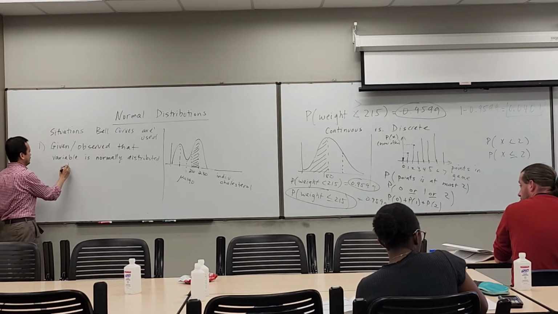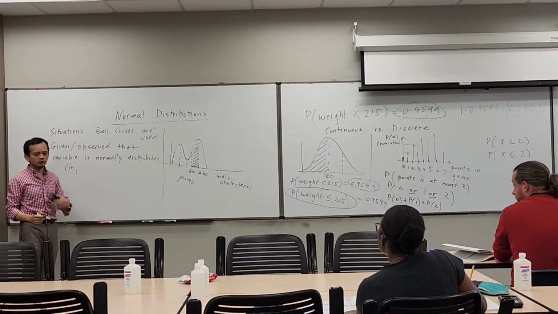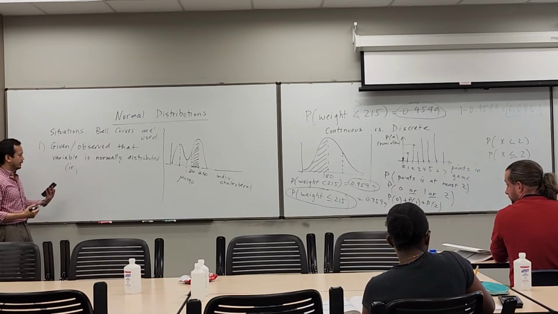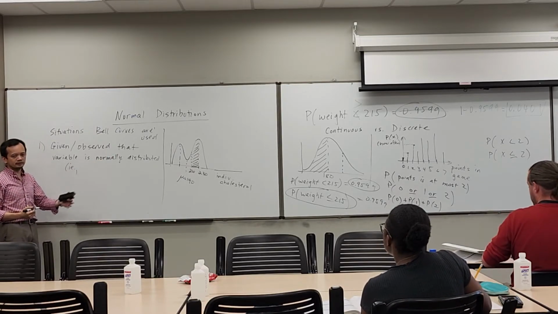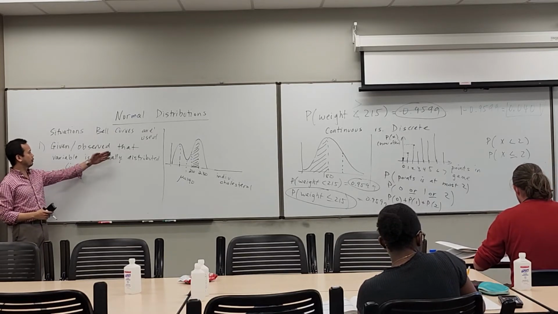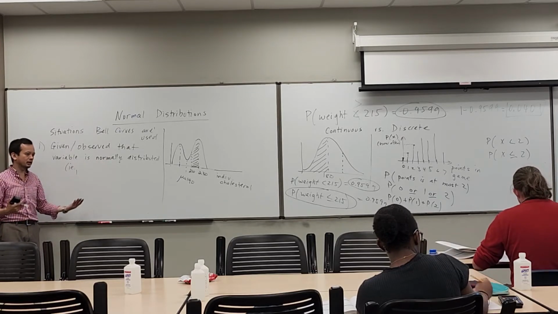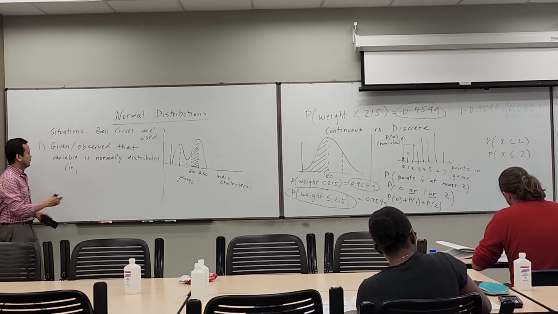So for example, if you're told that weights of men are normally distributed, and then you're asked to find the probability that a weight is less than 215 pounds, then you're told that that weight variable is normally distributed, and then you can use the bell curve tools that we talked about.